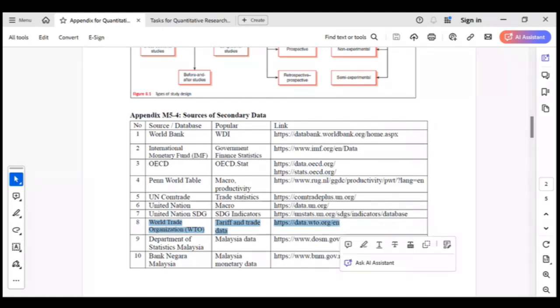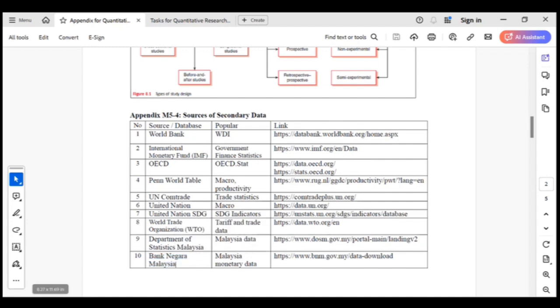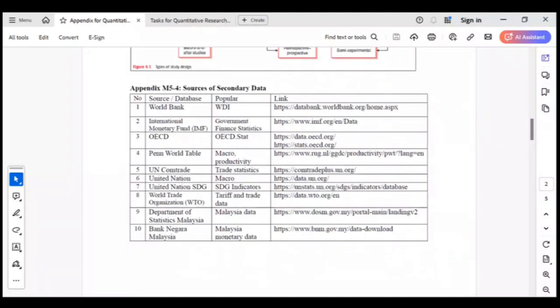Then if you want to do Malaysia data, you have to go to the Statistical Department of Malaysia, or the Central Bank, right? Sometimes for the Central Bank or the Statistical Department of Malaysia, you have to buy, for example, the survey data, but it's not expensive compared to other sources that I would list down here. For example, ICR, Institute of Credit Risk.